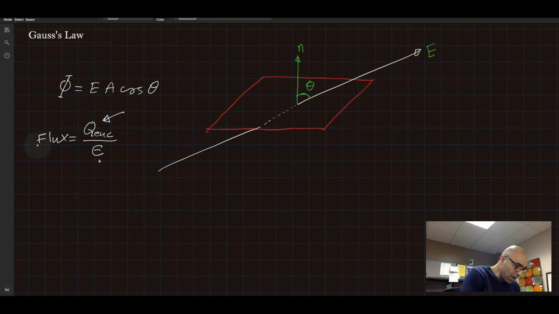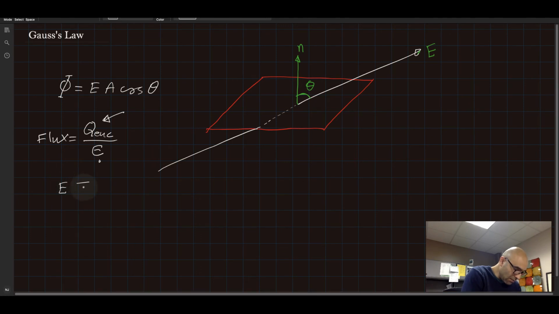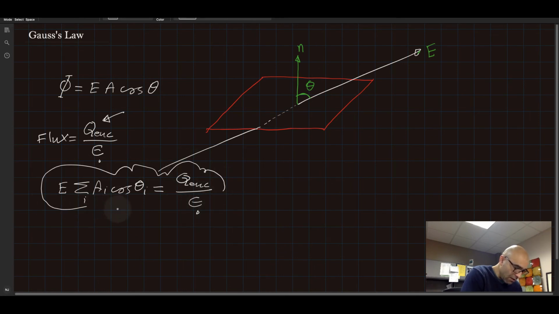So the flux, that's Gauss's law. The flux is equal to Q enclosed divided by epsilon 0. So if I may write the flux, which is E, summation over i for generality, A_i cosine theta_i, is equal to Q enclosed divided by epsilon 0. And this is a very important equation. This is known as Gauss's law.